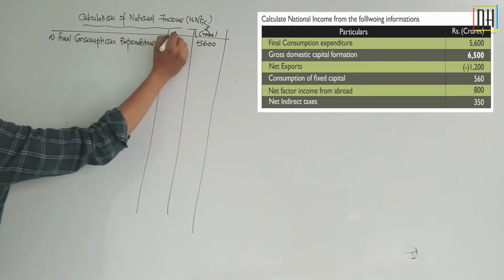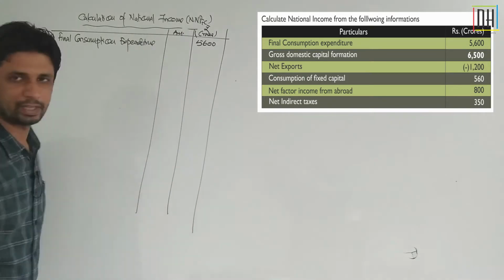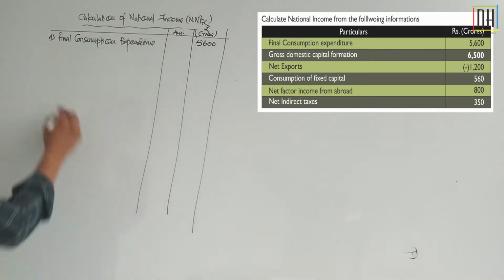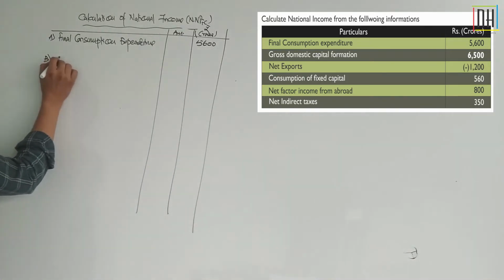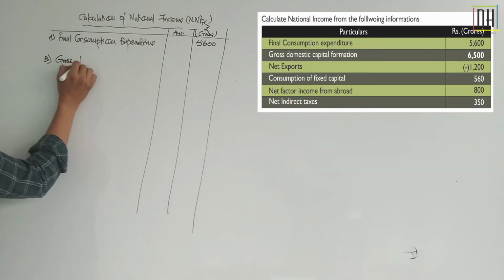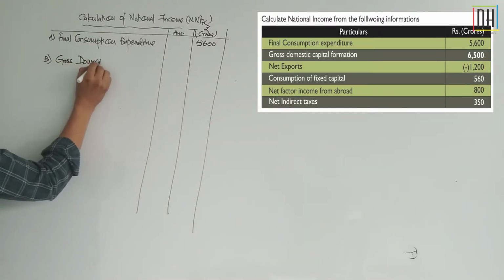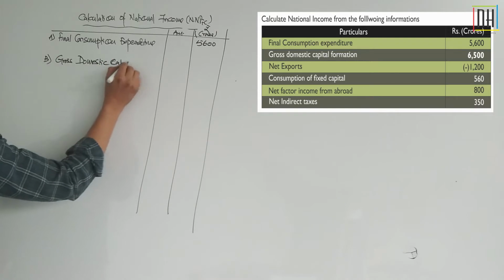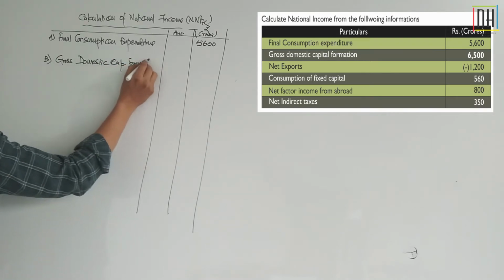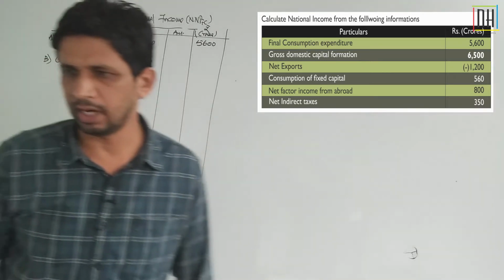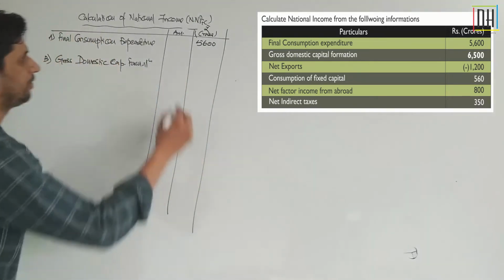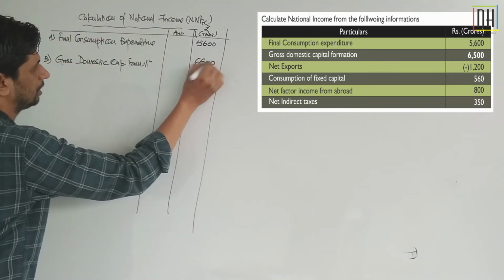Now, B is the gross domestic capital formation. It is directly given, and this is our main heading, that is 6,500 crores.